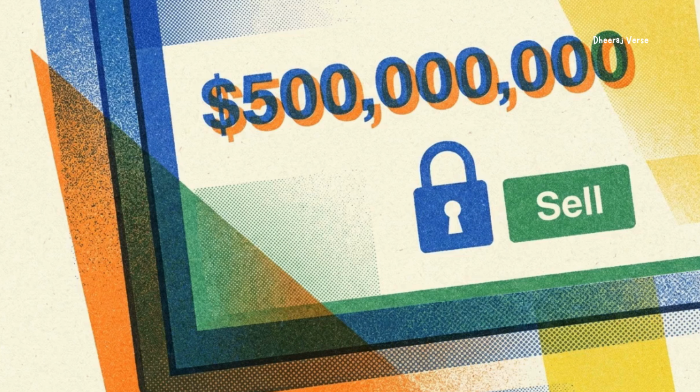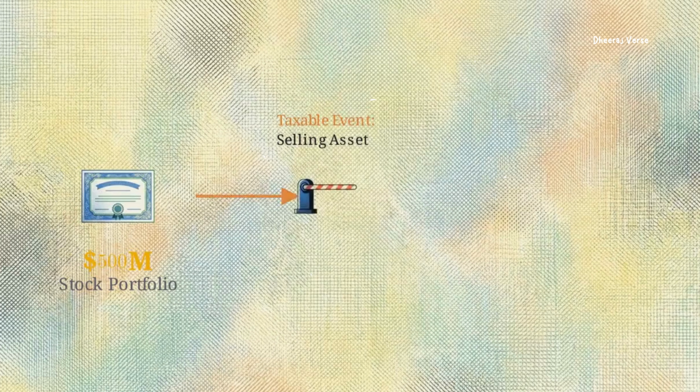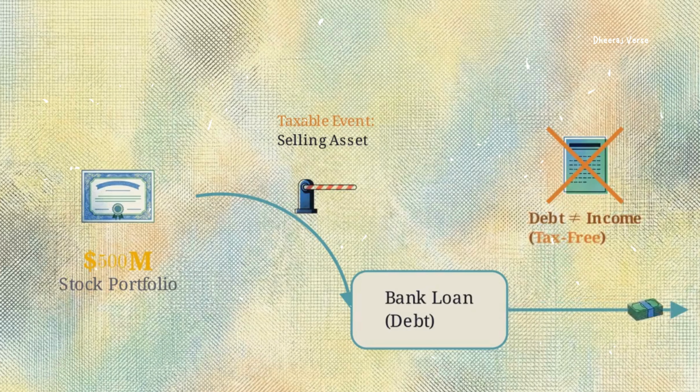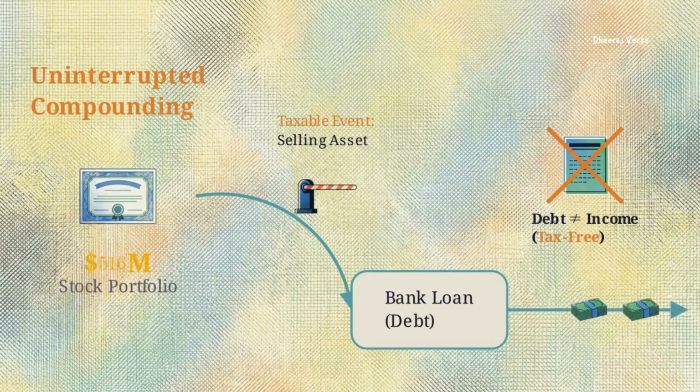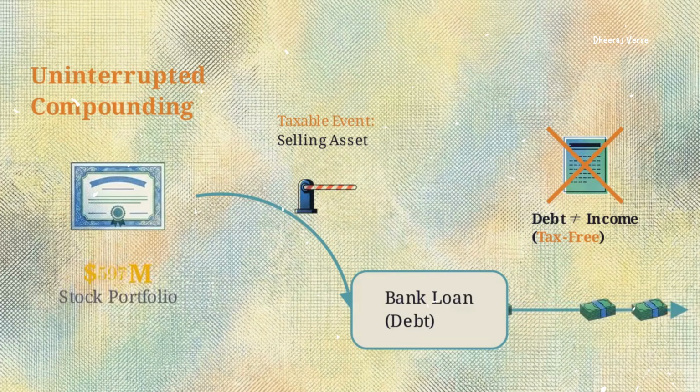This raises an obvious question. If a billionaire never sells their $500 million stock portfolio to avoid taxes, how do they get the cash to buy mansions and private jets? In the buy, borrow, die strategy, wealthy investors use shares as collateral for bank loans instead of selling them. Because debt is not income, this cash is tax-free. Meanwhile, the underlying stock continues growing, often outpacing the loan's interest.